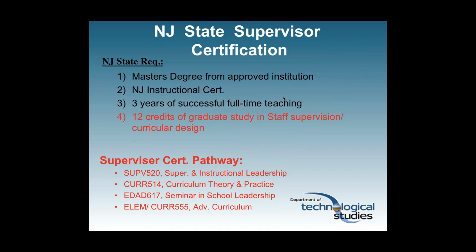If you take those 4 courses at the bottom as your 4 pathway courses in this master's program, you will satisfy that. So that's a supervisor of any school in New Jersey. It so happens you will also have integrated STEM and technology and engineering kinds of expertise, right? But no, that's not a supervisor cert in a specific content area. That is a supervisor certification for any New Jersey school.